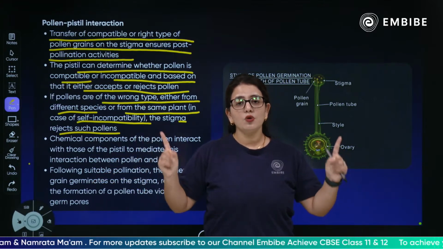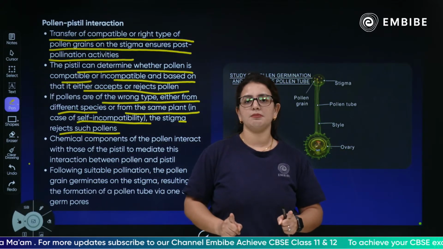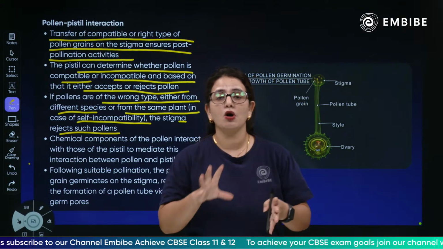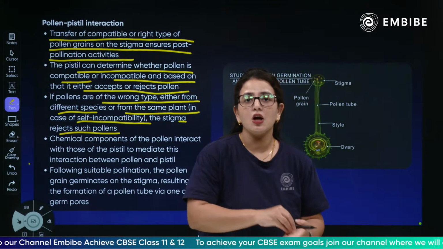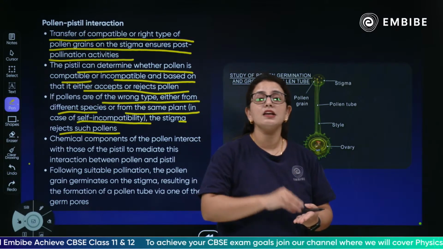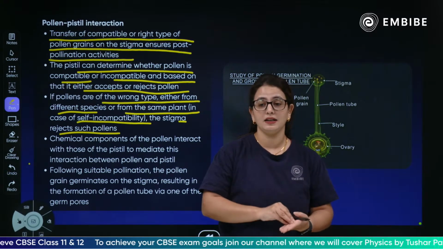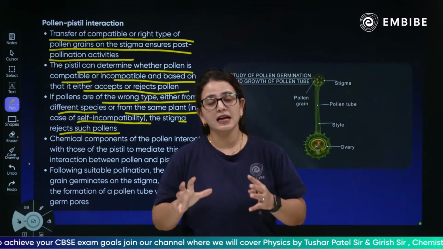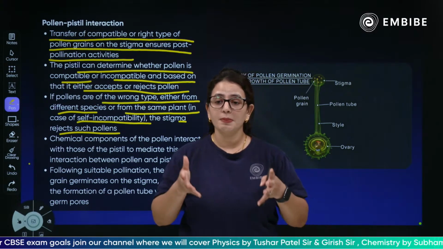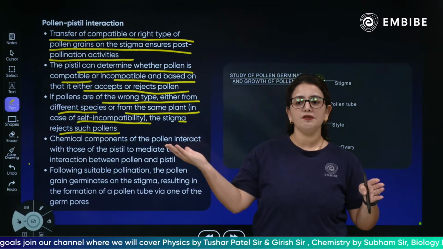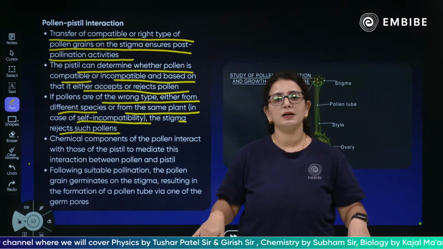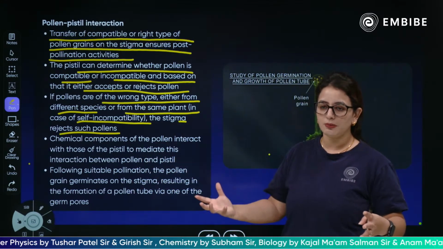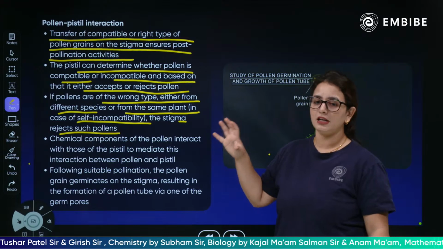Pollen is rejected because it belongs to a different species, or it is not compatible even though it belongs to the same plant, to avoid self-pollination. Or they are not mature enough and not ready to germinate.